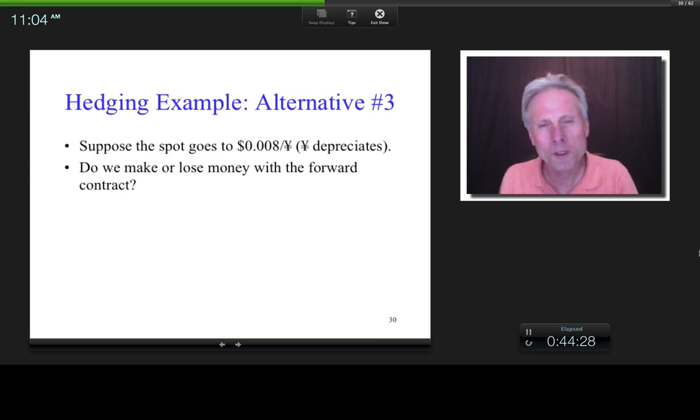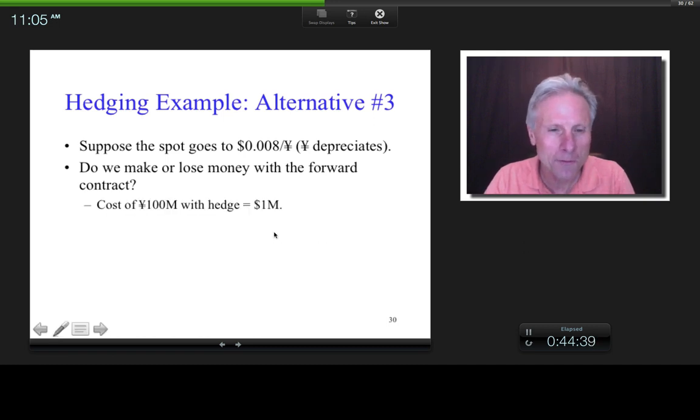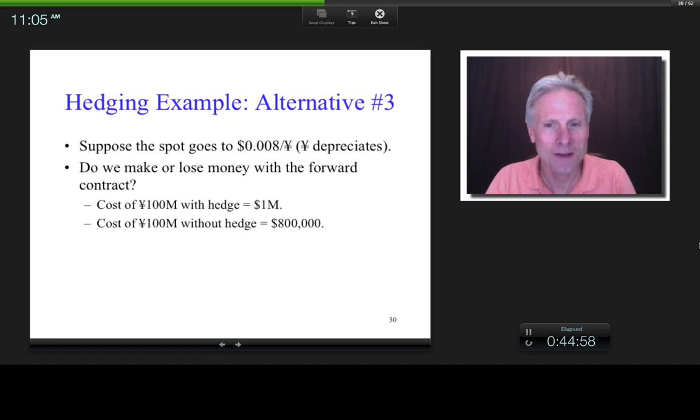And why is that the case? Well, with the forward contract, will we have locked in an exchange rate of $0.01 per yen? We would, right? That's what the forward contract is. We would have locked in the fact that, hey, we'll give you $1 million and you give us 100 million yen. But if we had not locked in this forward contract and we could have gone to the open market, then how much would it have cost us in dollars to buy the yen? 800,000, right?